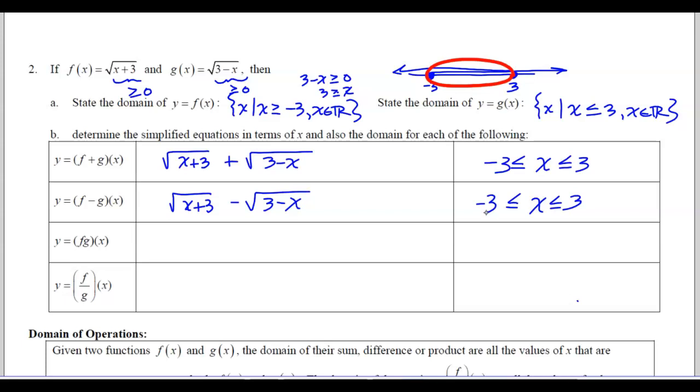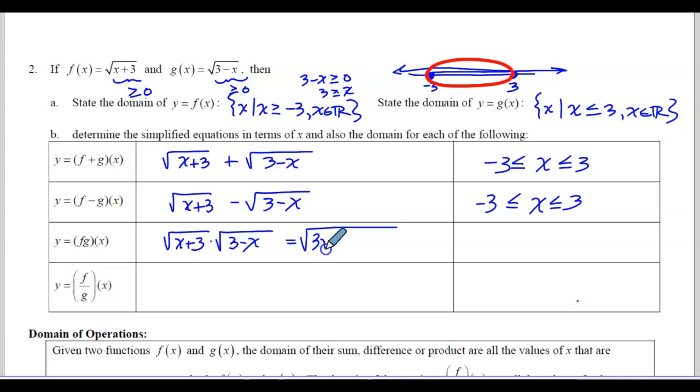Now, next one, multiplying, that would be root x plus 3 times root 3 minus x. If you're multiplying two radicals together, you can multiply the radicands, what's inside. So we can expand this out.